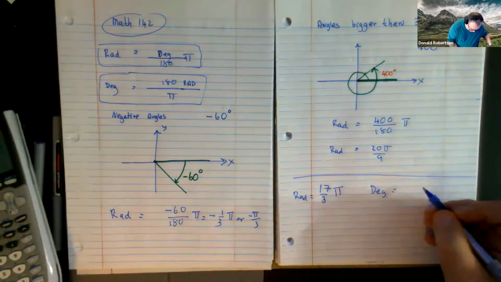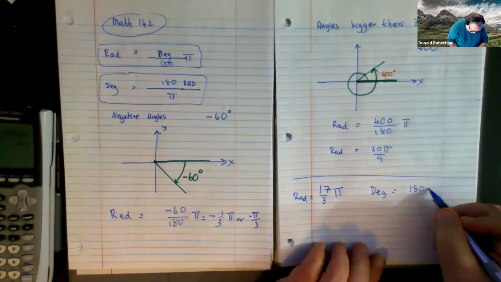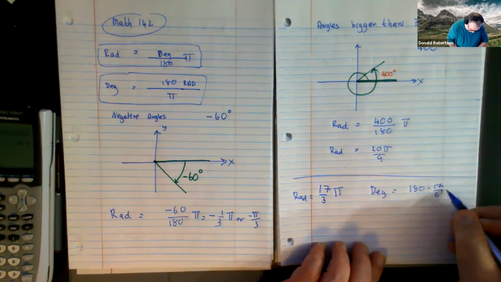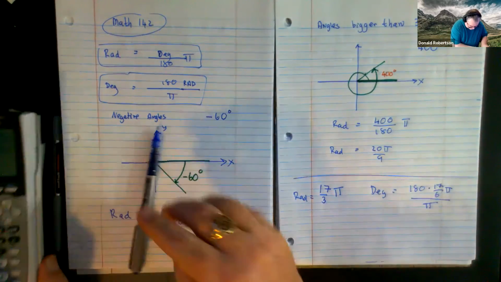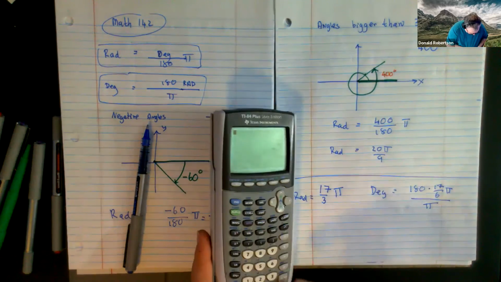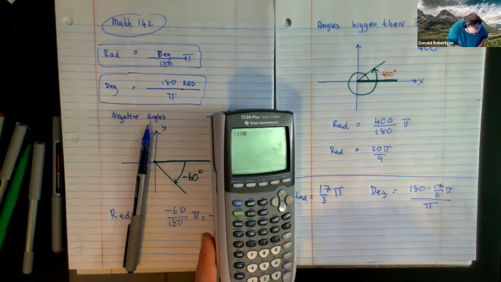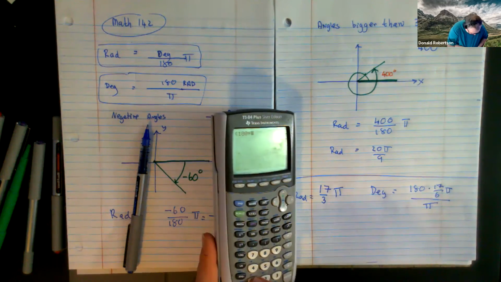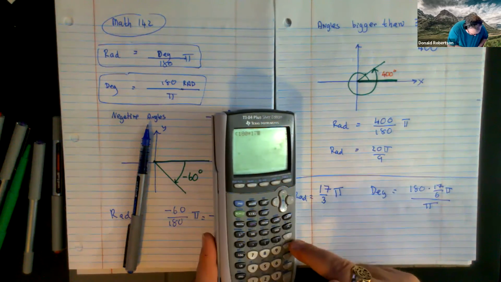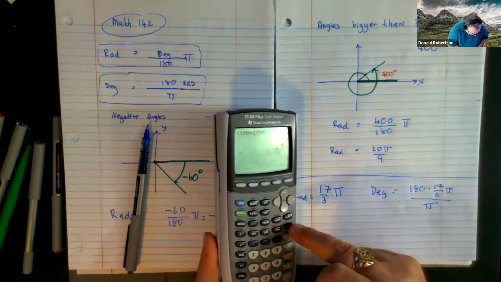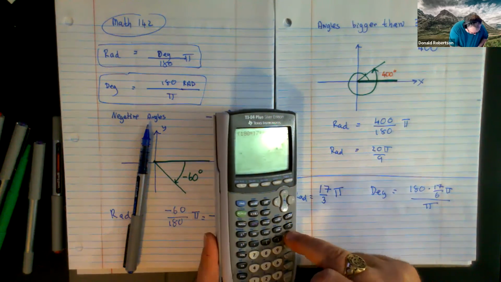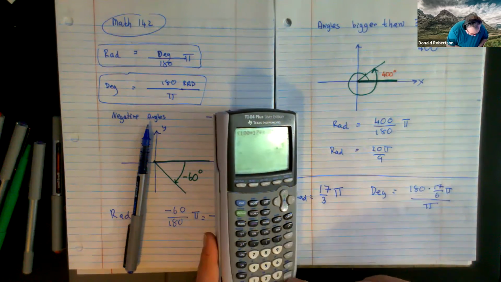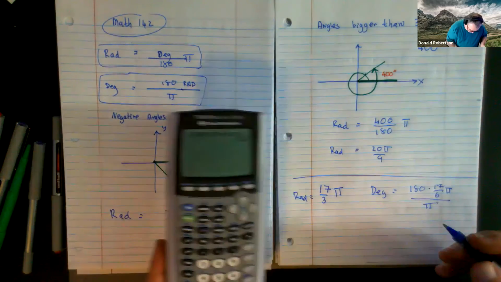So it's going to be 180 times 17 thirds pi, divided by pi, with a little bracket. And the answer ends up being 510 degrees.